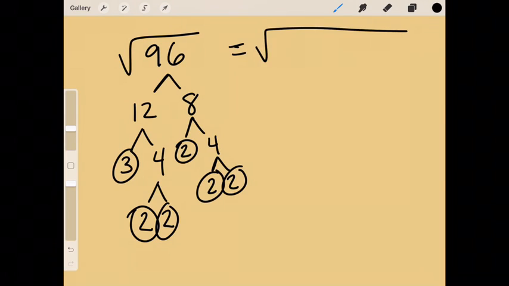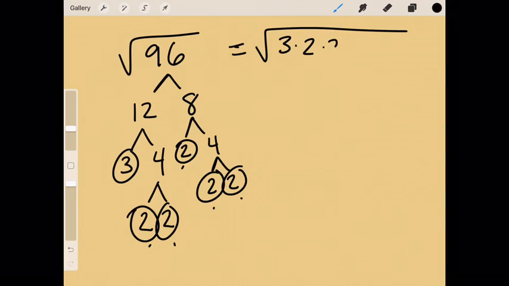All right, and then I'm going to take that and put it under my radical. We have a single 3. And then we have 1, 2, 3, 4, 5 2's.